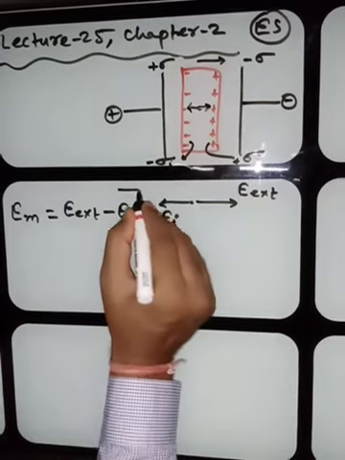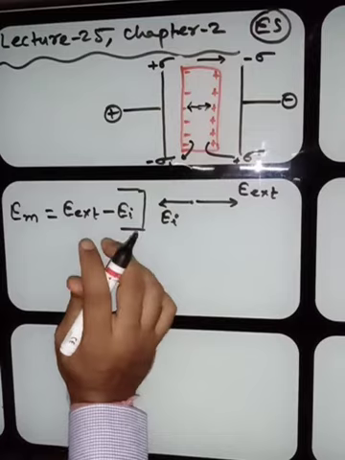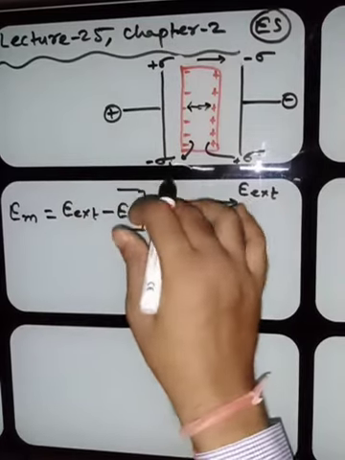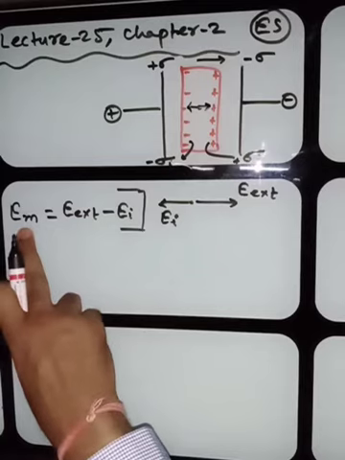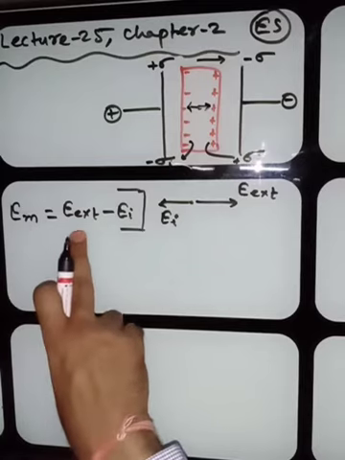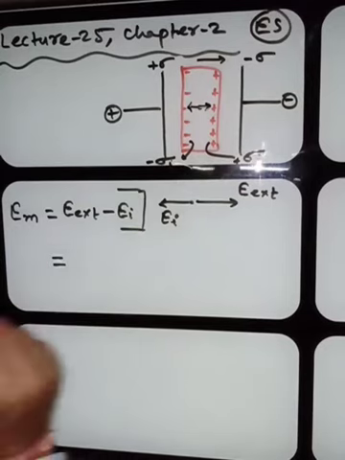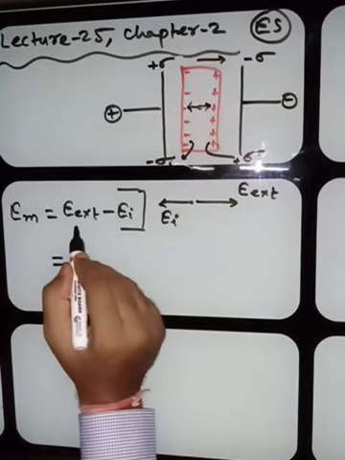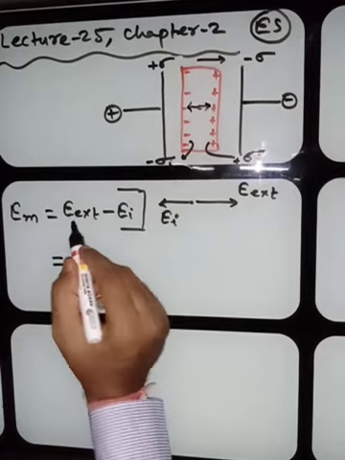I hope you remember. With this formula we concluded the last lecture. So the E net in presence of medium was E external minus E induced.